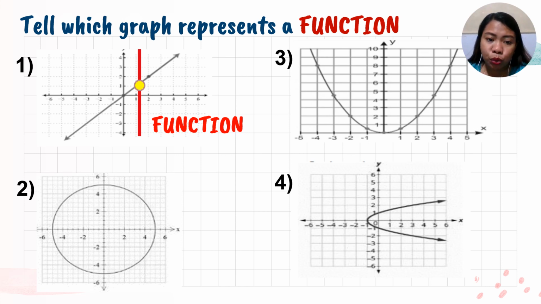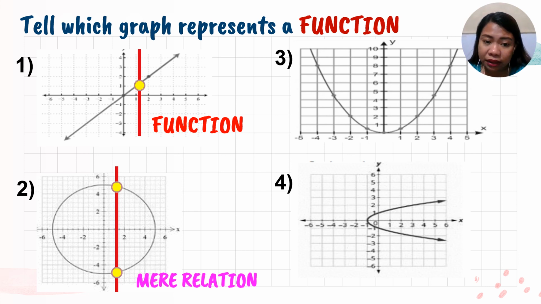Next, for number 2, we have a circle inside the Cartesian plane. If we do the vertical lines, we will have two intersections. So meaning to say that is not a function, but merely a relation. Next, number 3, we have a parabola.